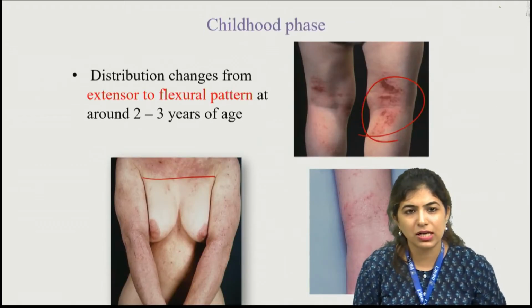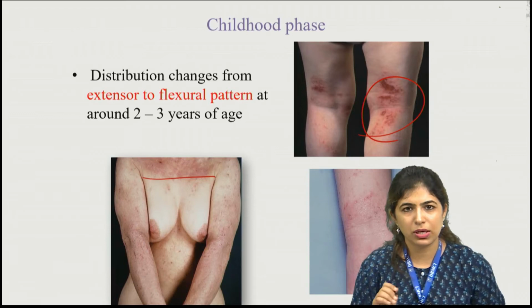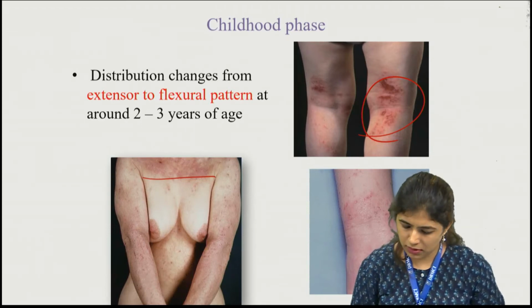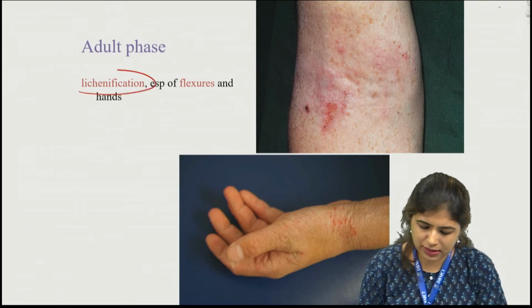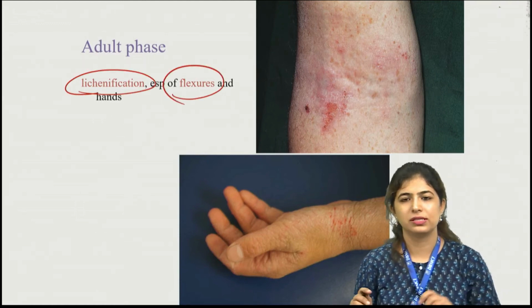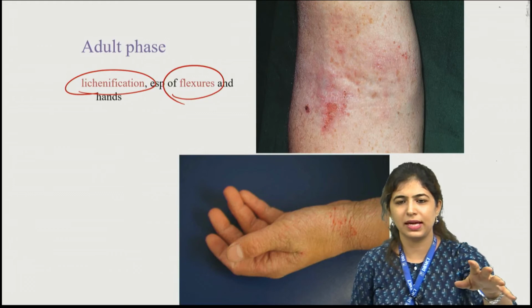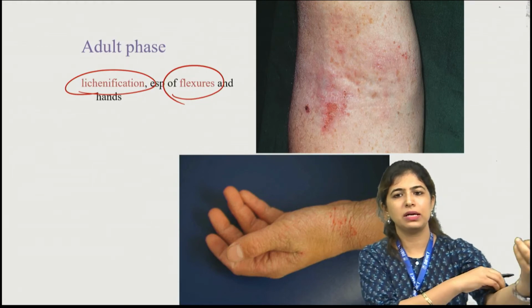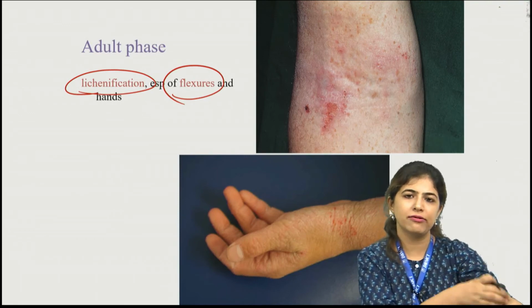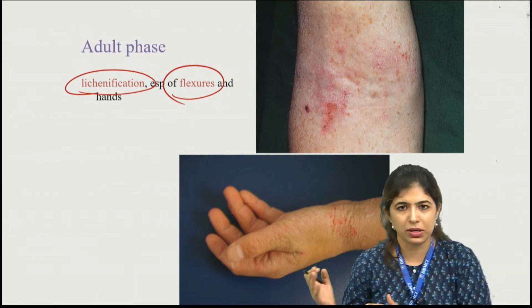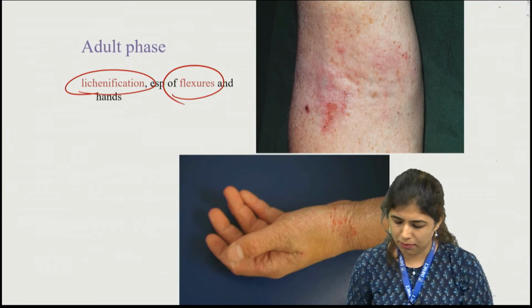Here, these are reddish brown, subacute eczema. Okay? Then we come to adult. Here, lichenification, flexures. The adult moves around in the air, allergens come and get deposited in the flexures. So the eczema classically affects the flexures. This is how you can remember the distribution pattern.